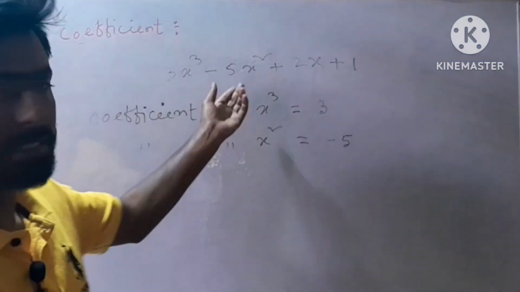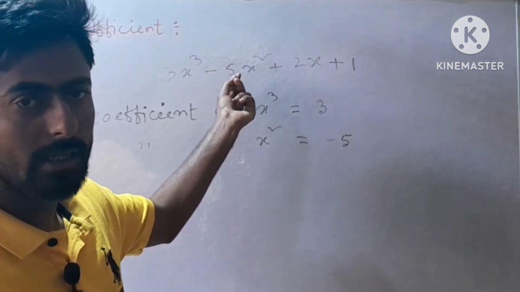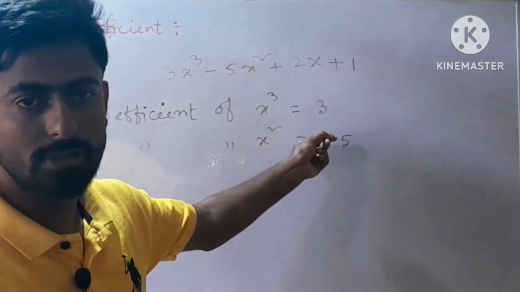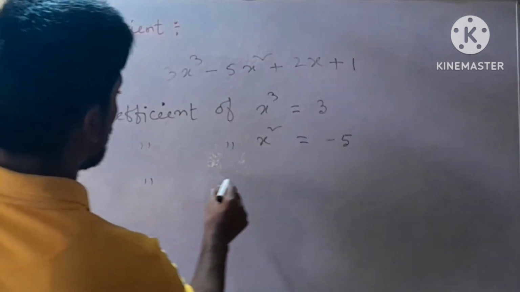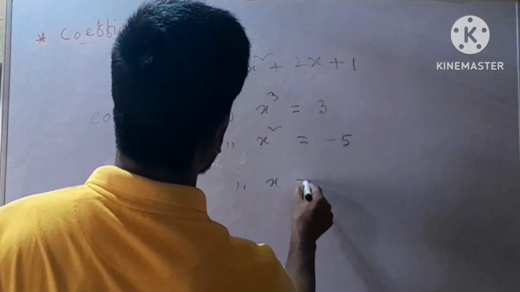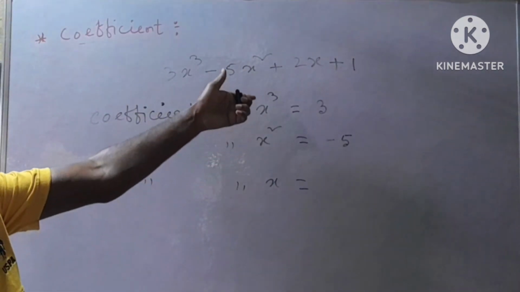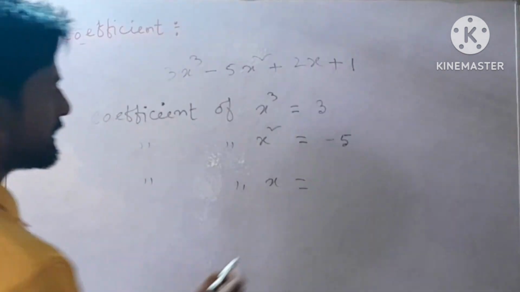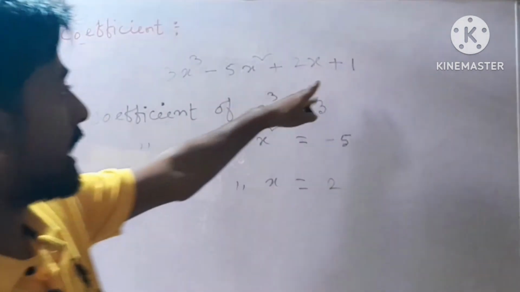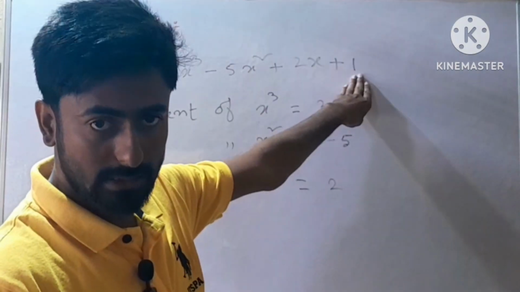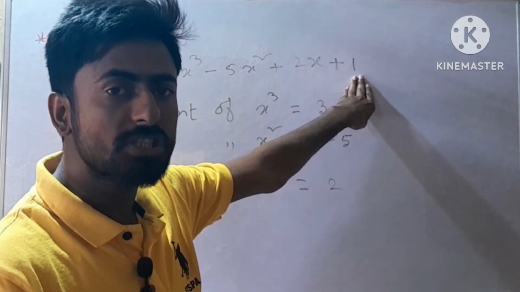If there is minus sign in front of the number, then you have to mention the minus sign. Next, coefficient of x equal to, now you tell what is the coefficient of x? It will be 2. And last one, it is the constant term.